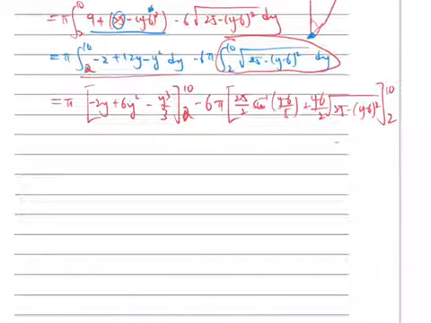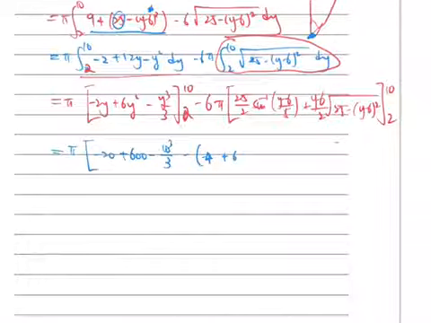So next you put the 10 into the expression: minus 20 plus 600 minus 10 cubed over 3, minus, you put in 2, so it is minus 4 plus 6 times 2 squared minus 2 cubed over 3.